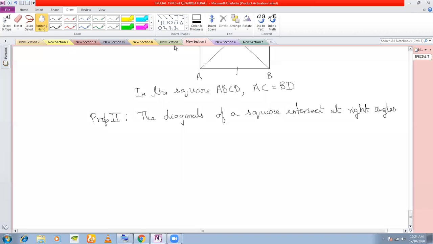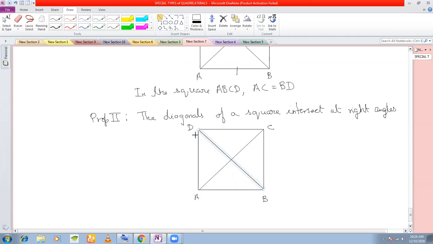Here also the diagonals intersect at right angles, and of course they bisect each other because a square is also a special kind of parallelogram.